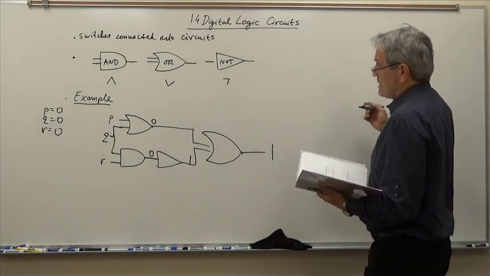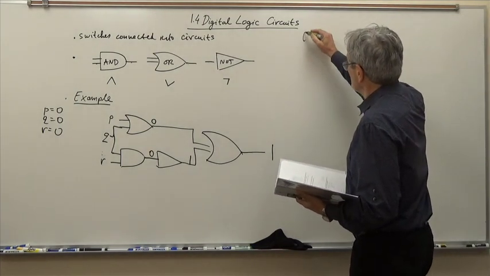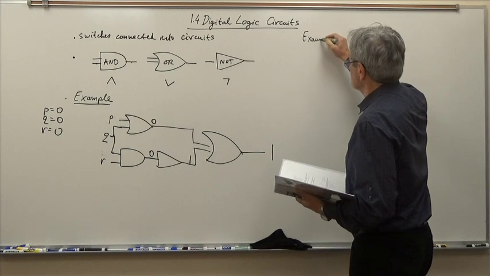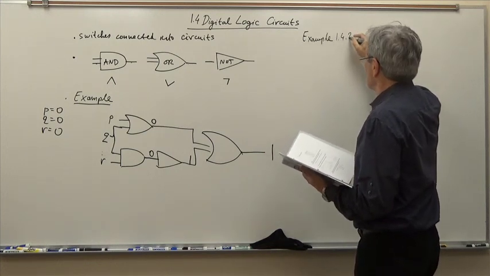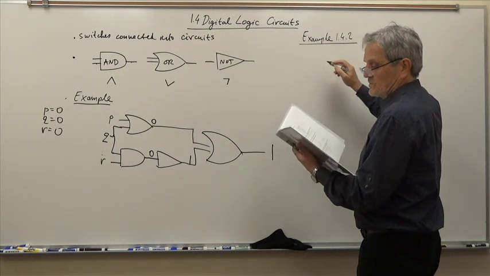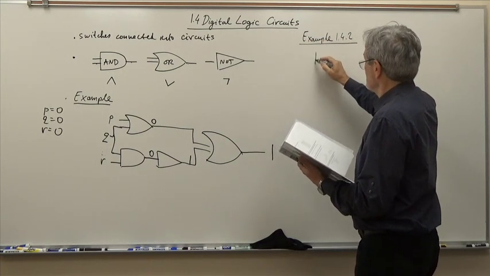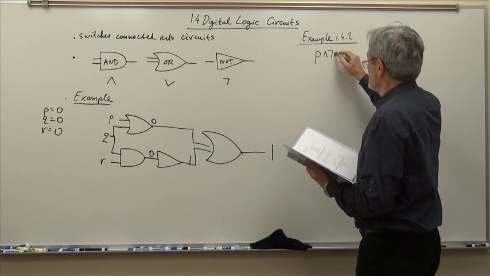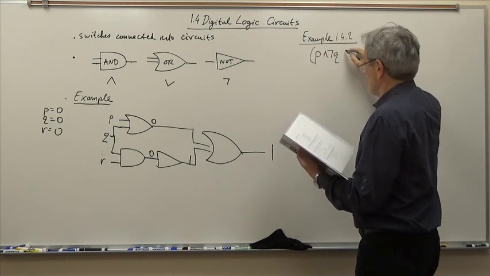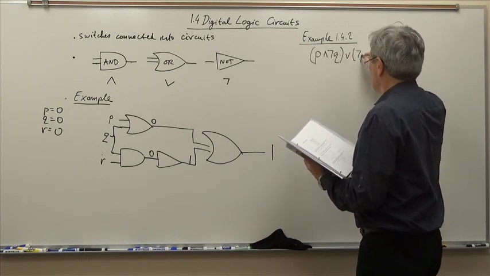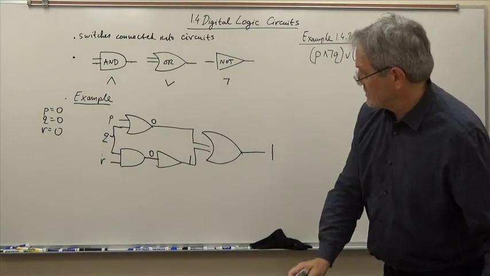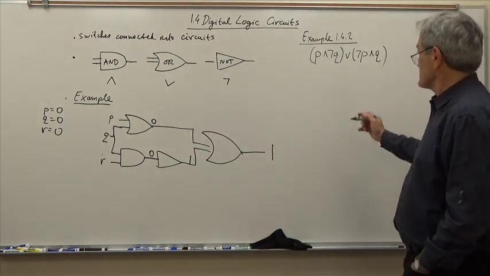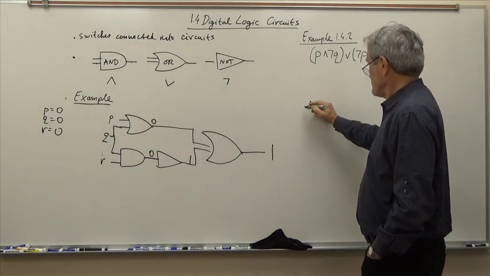And in order to connect with propositional formulas, let's see one example where we have a propositional formula and we are asked to provide the circuit corresponding to it. Here it is: P and not Q, or not P and Q. How do we draw a circuit? We start with P and Q.